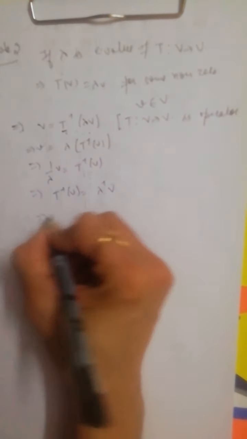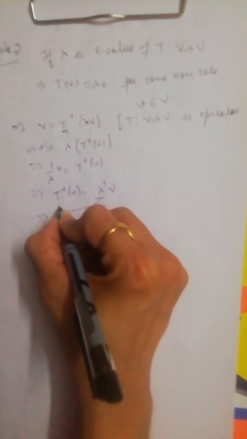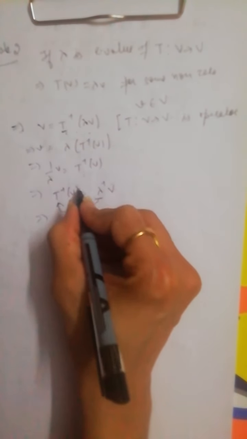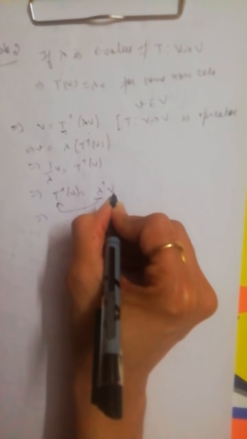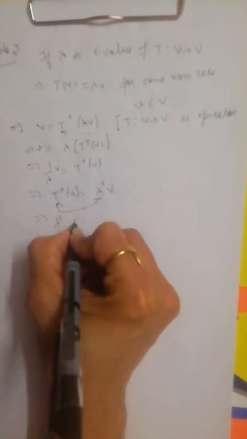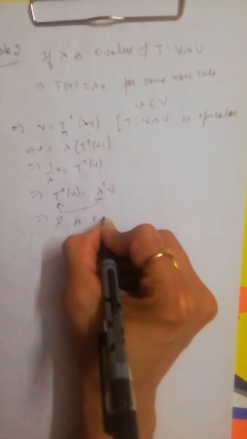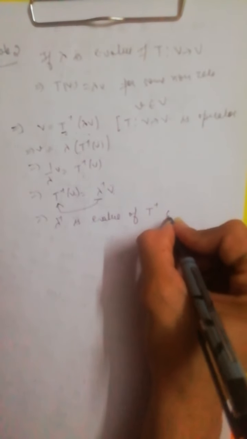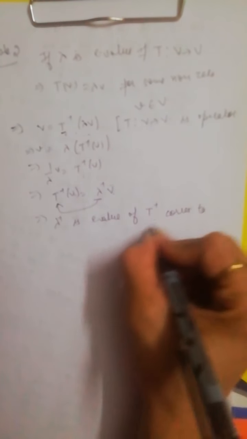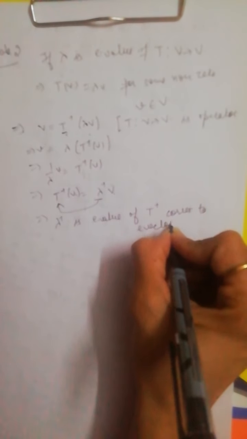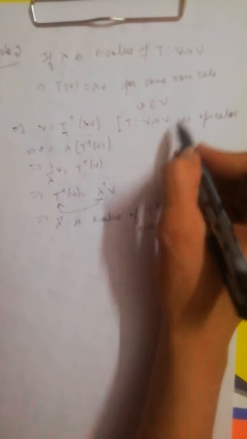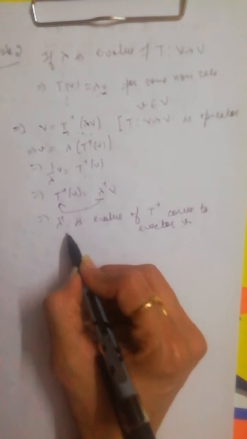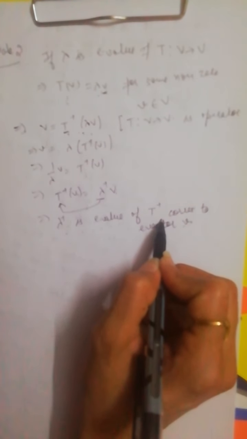That means lambda inverse is eigenvalue of T inverse corresponding to eigenvector v, the same eigenvector v. If v was an eigenvector corresponding to eigenvalue lambda, then lambda inverse is an eigenvalue of T inverse.